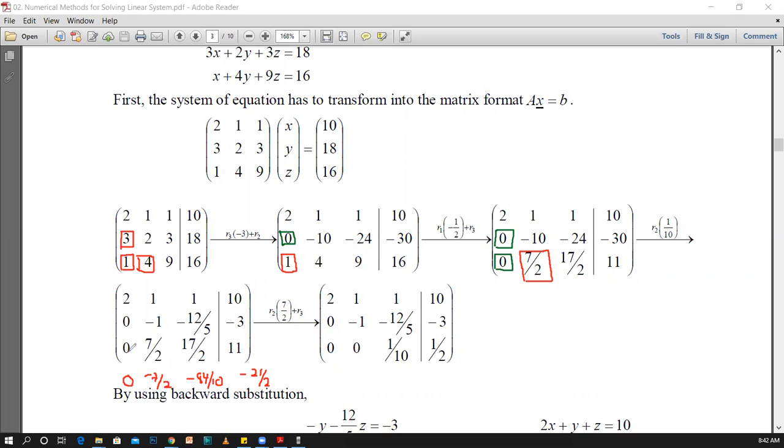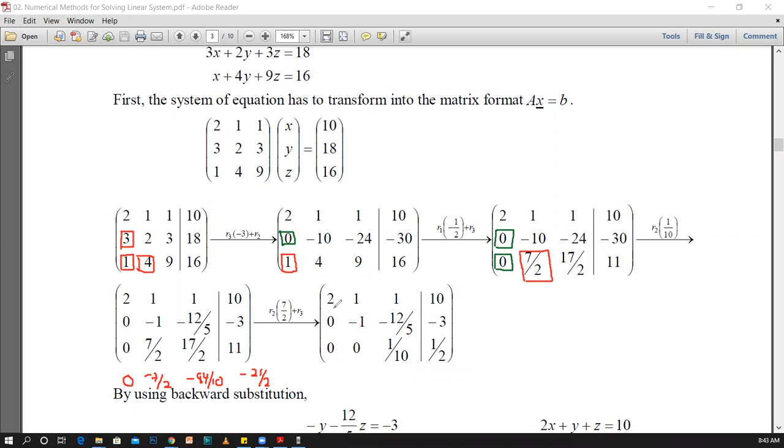Now, once you add these values, 0 plus 0 is 0, then 7 divided by 2 plus -7 divided by 2 is 0, then 17 divided by 2 plus -84 divided by 10 is 1 over 10, then 11 plus -21 divided by 2, you will just get this value as half.